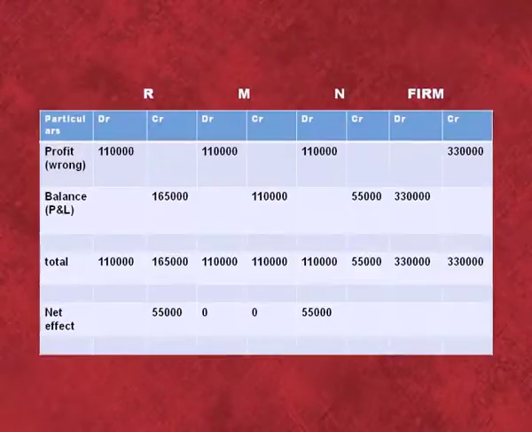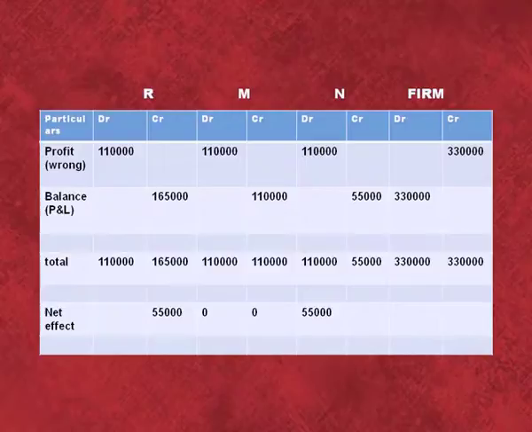Lastly, we have to total all these accounts. If we total R's account, debit side 1,10,000, credit side 1,65,000, M's account, debit side 1,10,000, credit side 1,10,000, N's account 1,10,000 debit side and credit side 55,000, and firm column will tally because we have already found out the balance. Lastly, we have to find out the net effect.